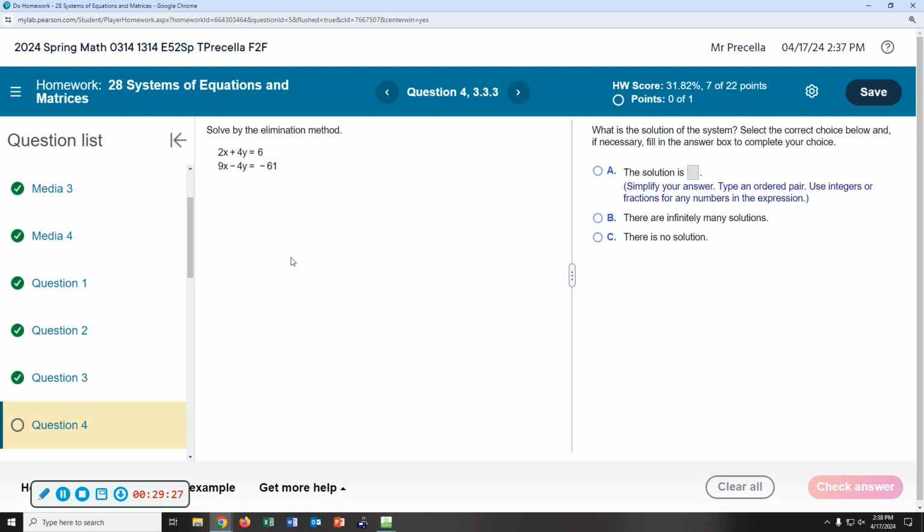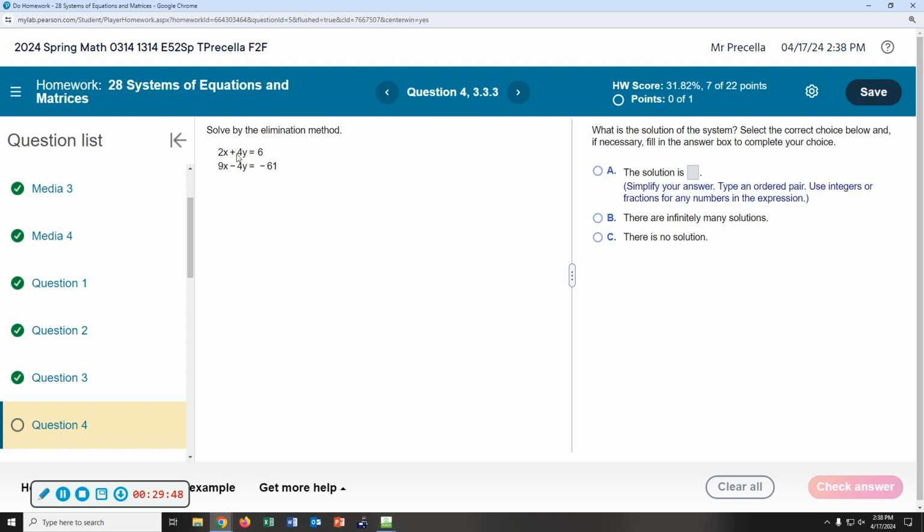So, but number 4. See, if you wanted to use substitution on this one, you could do that. It's just going to be very, very messy. Why am I saying substitution would be messy?